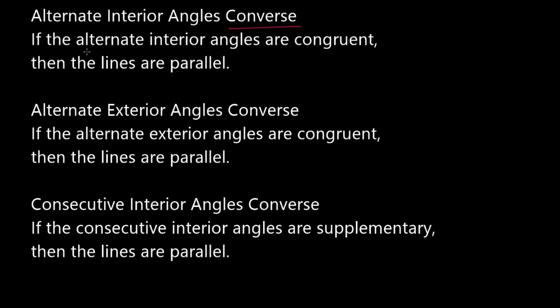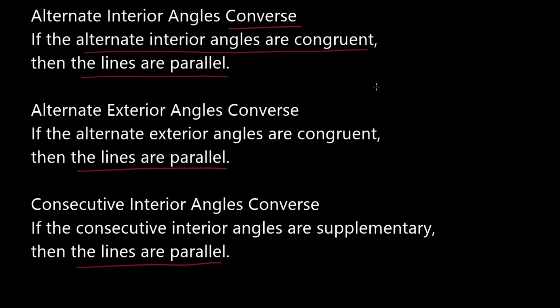It says that if the alternate interior angles are congruent, then the lines are parallel. Interestingly, these three statements, instead of having all the same hypothesis, have all the same conclusion. And so this is actually three different ways for me to show that lines will be parallel. If I combine this with my postulate that I already stated, I actually have four ways now.